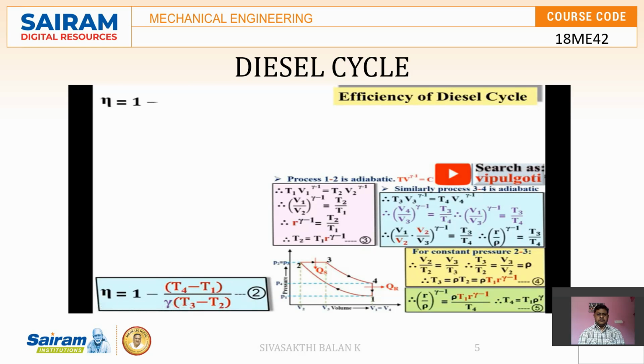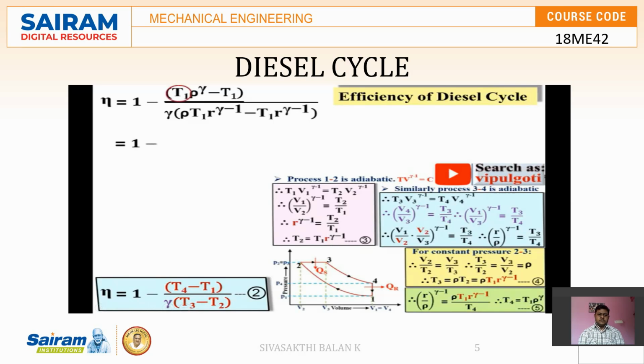So now efficiency is equal to 1 minus, and T4 is T1 into rho raised to gamma, minus T1, upon gamma, and T3 is rho into T1 into R raised to gamma minus 1, minus T2. So T2 is T1 into R raised to gamma minus 1.